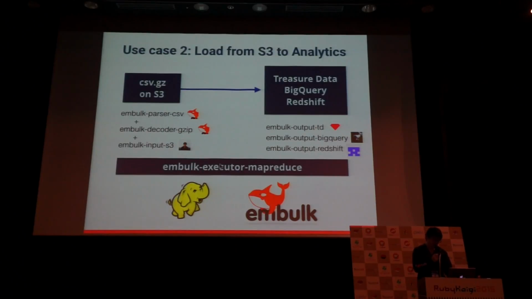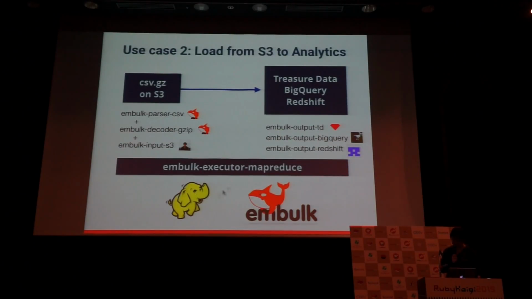So another good thing about this plugin architecture is that the executor is also a plugin. So guess is a plugin, input is a plugin, output is a plugin, and executor is also a plugin. The executor runs tasks in parallel. So for example, if you have hundreds of gigabytes of data on S3, processing all data on a single machine takes too long.